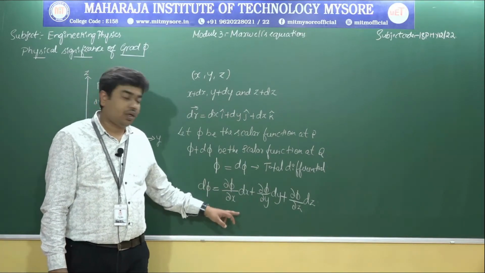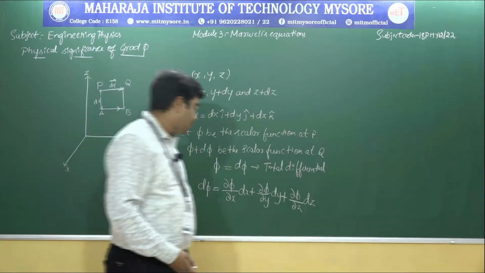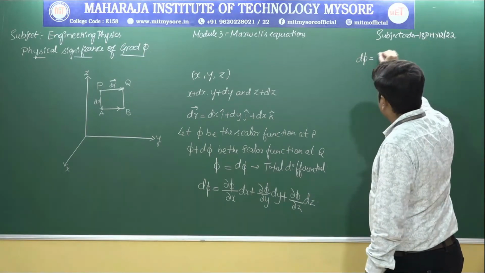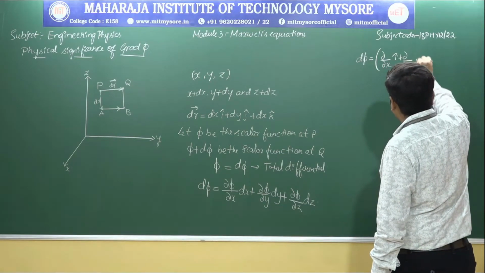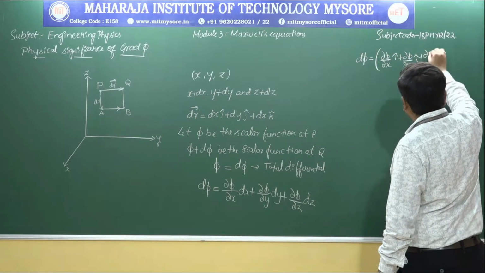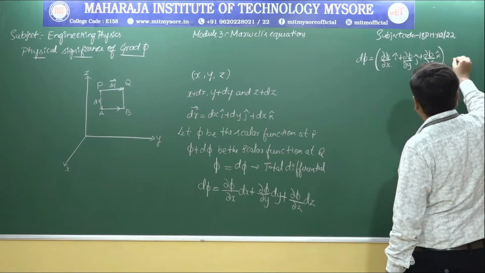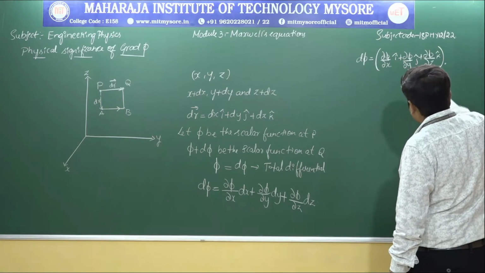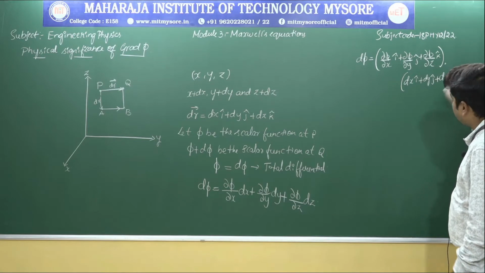So, this is the total differential for the scalar function phi. This equation can also be written as d phi is equal to dou by dou x into i cap plus dou by dou y into j cap plus dou by dou z into k cap acting on phi, dot dx into i cap plus dy into j cap plus dz into k cap.